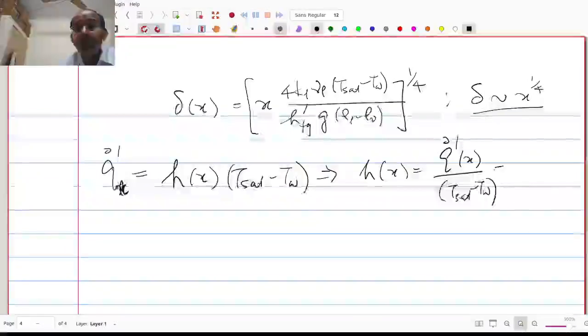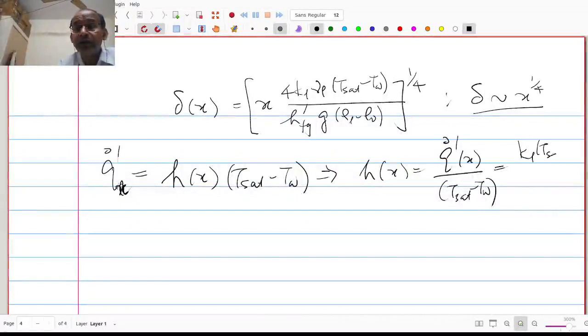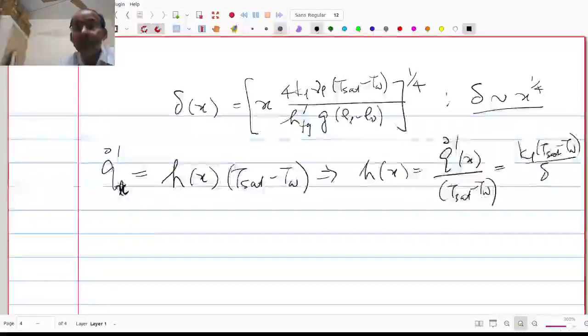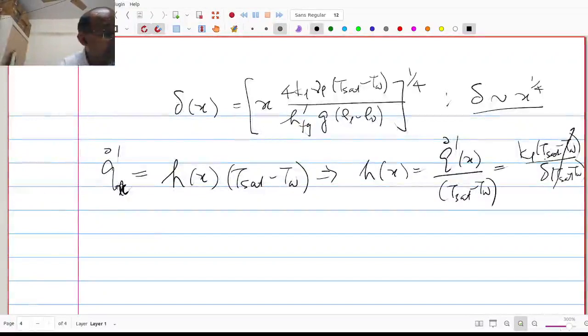And since Q dot prime of any x is equal to KL into Tsat minus Twall divided by delta, this Tsat minus Twall gets cancelled, and you get KL by delta. So h at any x is equal to KL divided by delta, and the delta expression we already have. So that is the expression that you would get.